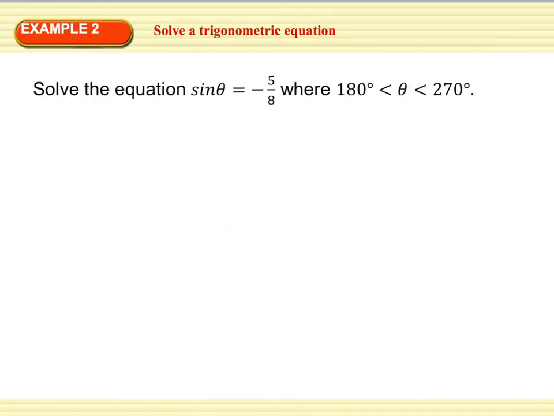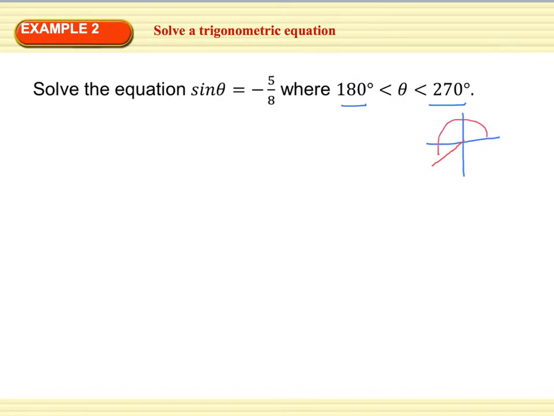Now for example 2, we're told that we have to solve the equation given that sine theta equals -5/8, where we're going to be looking at angles between 180 degrees and 270. So again, we're going to start out with a little sketch. And if we're looking between 180 degrees and 270, that means that we're looking at the angle that's coming down into this quadrant.